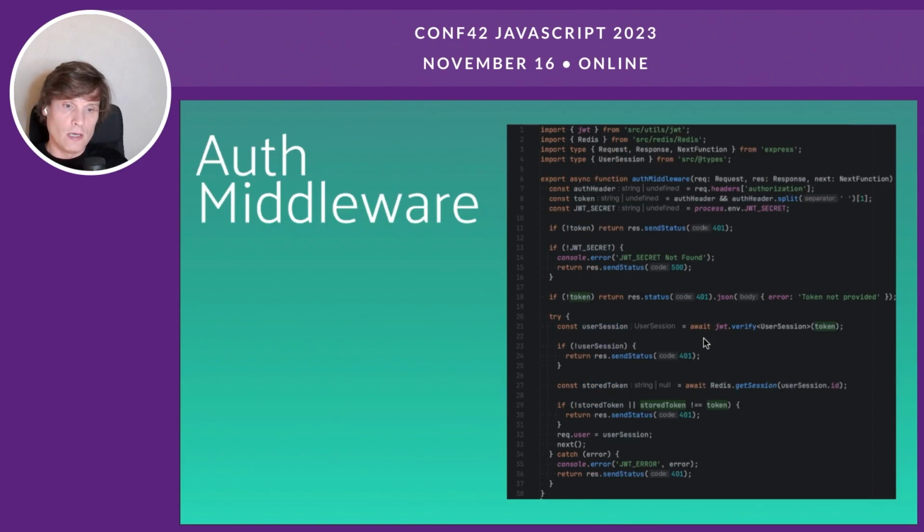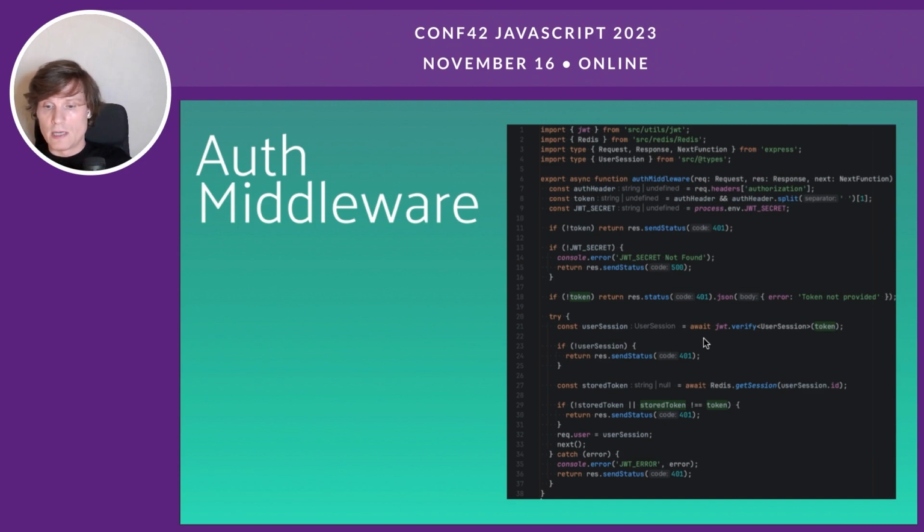And the auth middleware actually looks also pretty straightforward. There is nothing specific, like we have JWT tokens, and we have a secret, and that's how we deal with our auth middleware.